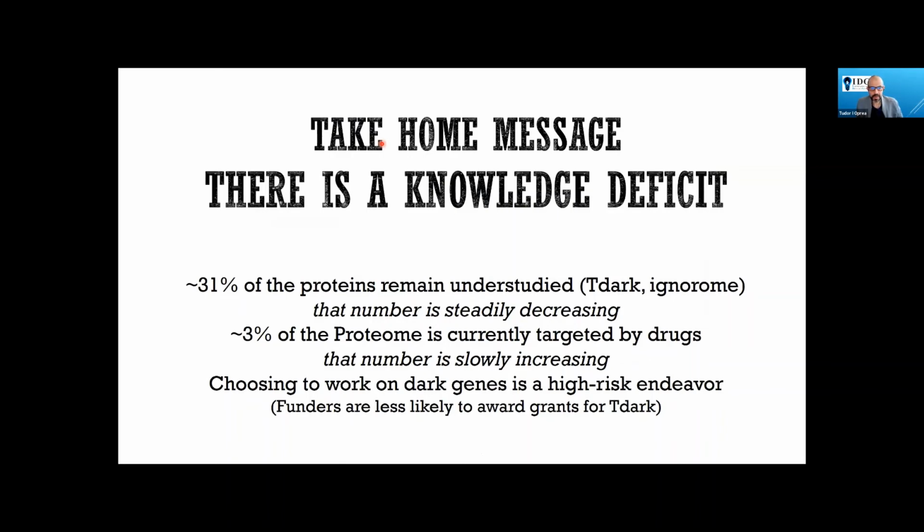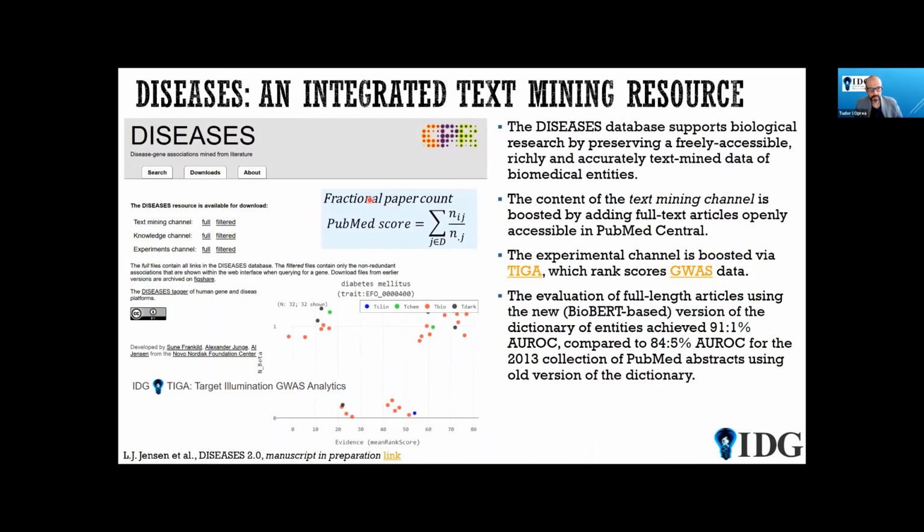So recalling the fractional paper count, Lars Jensen maintains a resource called Diseases. And we're in the process of releasing a new publication which updates the Diseases resource. But essentially, there are three main channels of information in Diseases: text mining, knowledge, and experiments.